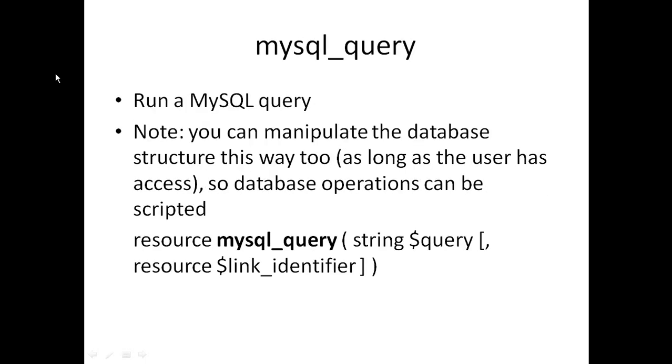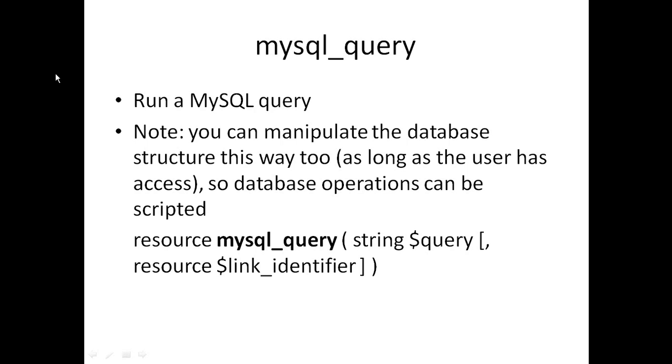Next, we have mysql_query. mysql_query allows you to run a MySQL query. Pretty straightforward there. You can manipulate the database structure this way as long as the user has access, so you can automate database operations. Basically, like I said, you'll open a connection to a MySQL server, select a database, and run queries against it. This is as if you're running any kind of query against MySQL. It's literally the way to connect PHP to MySQL from a query perspective.